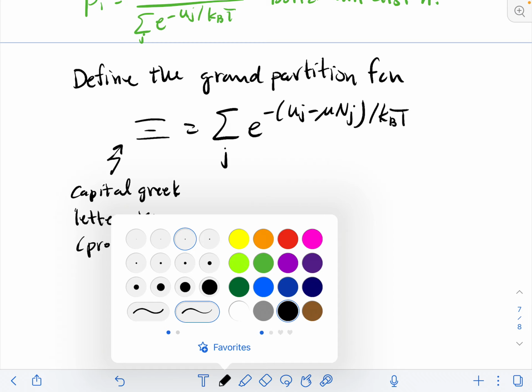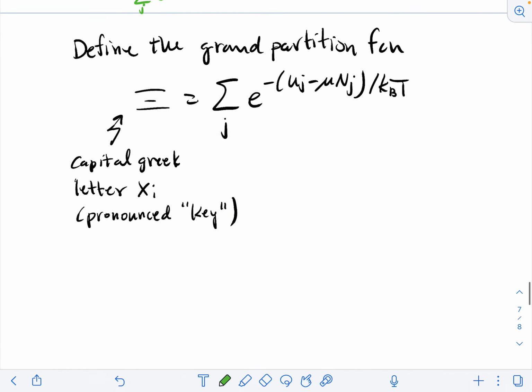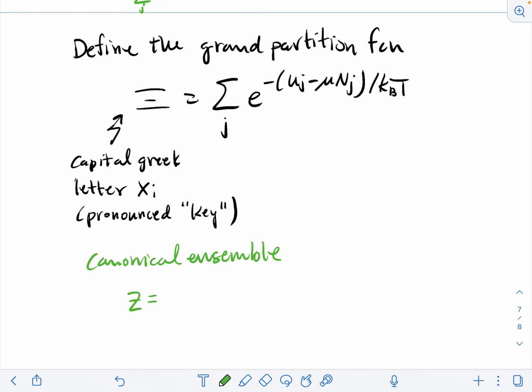Okay, so for the canonical ensemble, we also had a partition function, and so it was given the symbol Z, and it was a sum over j of e to the minus Uj over kBT. Again, in the last video, I think we used Ej, but it's the same thing.